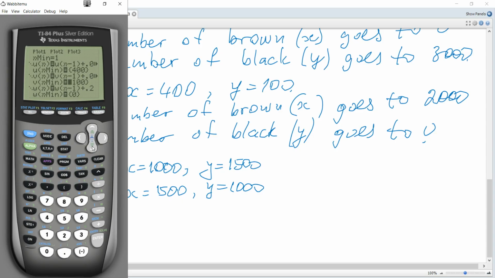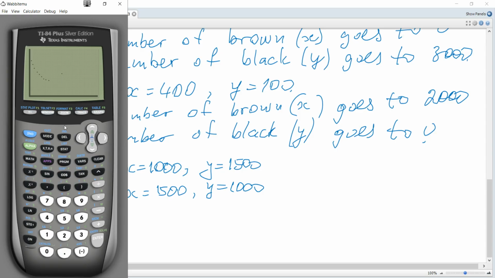So for x is 1000, y is, and again just a graph, and you can see it looks like this, and you may deduce that it tends again toward 0 and 3000.